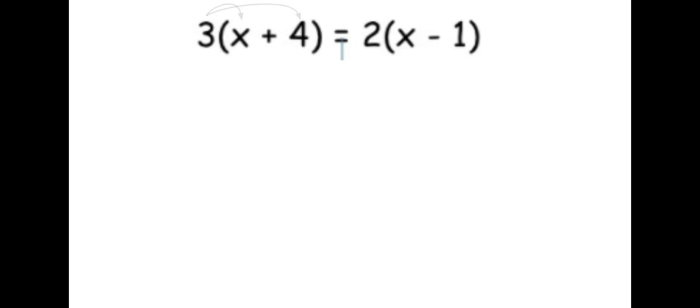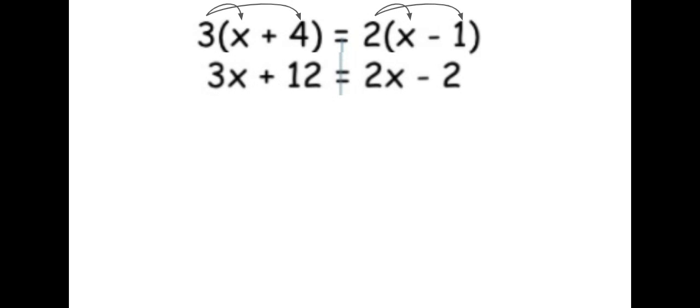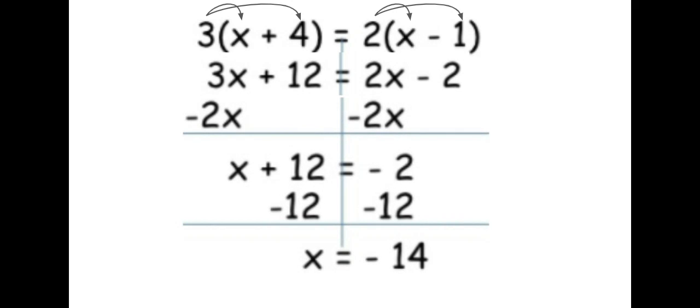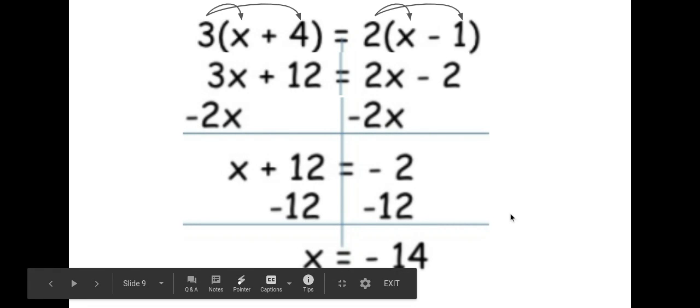So this would be an example where I need to distribute on both sides. And now that I've distributed, I can move my terms, right? So as the 3 went into the x, into the 4, we get 3x plus 12 on the left. On the right, 2x minus 2. And now we would go through, move an entire term over, and get our answer.